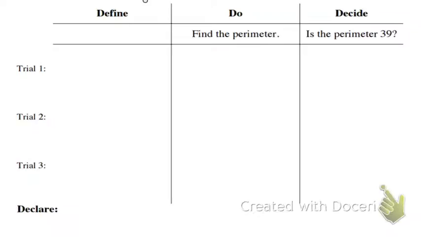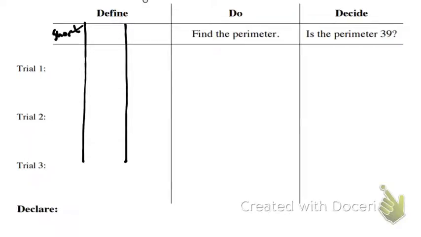Well, I know that I need to get 3 different values here. I need to get a value for side 1, for side 2, and for side 3. And I'm going to go ahead and label these. You can use whatever labels you want. Short, I'm going to use what they used, medium, and long. That way I know which one I'm talking about each time.